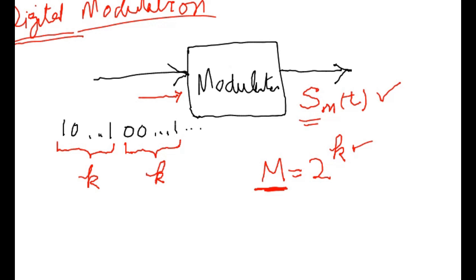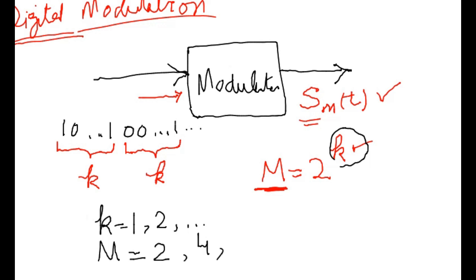Substituting k equal to 1, 2, and so on, you get M equal to 2, 4, 8, and so on.